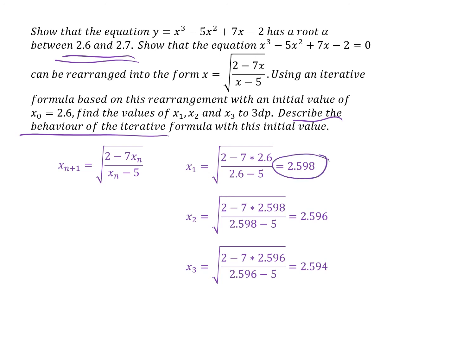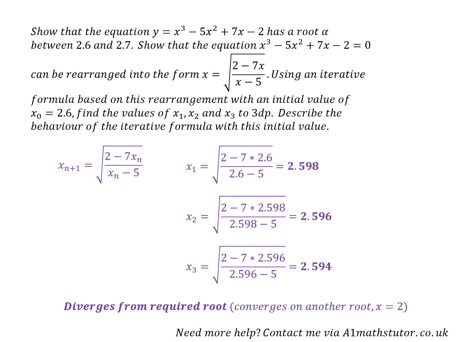We started at x equals 2.6, and we're getting further and further away from the root. So this rearrangement diverges from the required root. It actually converges on another root to this equation, which is x equals 2. All right, so there we are.